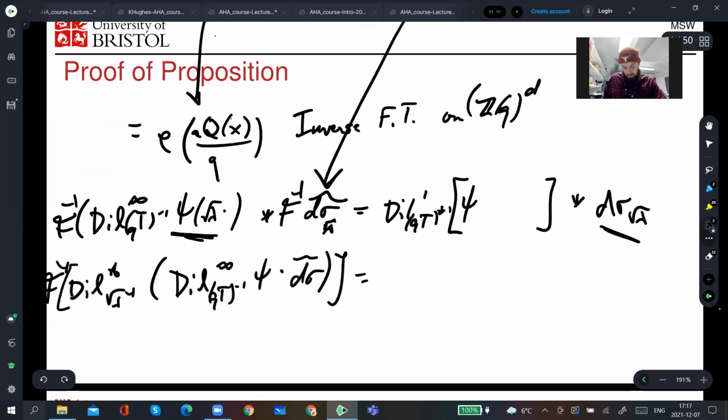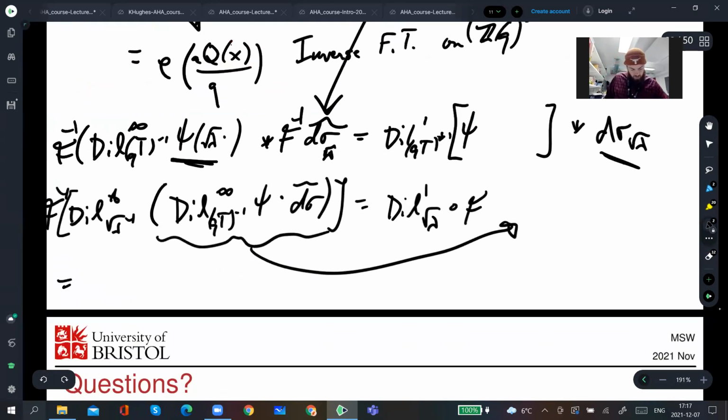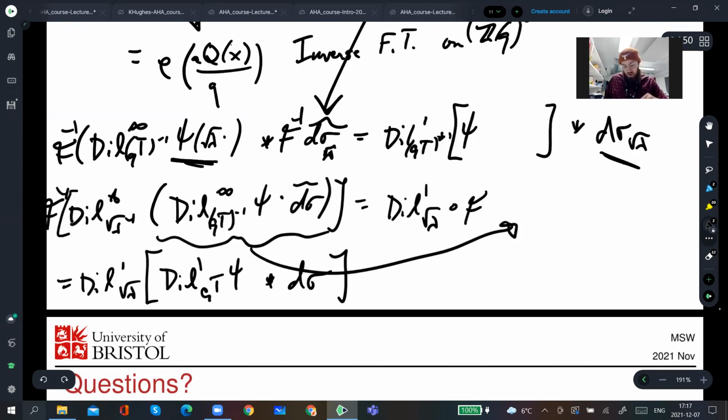Right, so moving it forward or through, I actually get a dilation on L1 of root lambda composed with the Fourier transform of this part. And that's actually equal to, well, dilation, L1 dilation. And then I move the Fourier transform through, like I said before. And this will be dilation, an L1 dilation by QT of psi, convolved with the unit spherical measure.